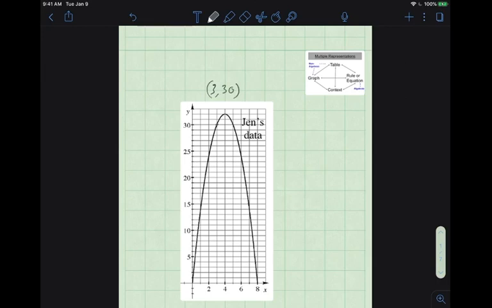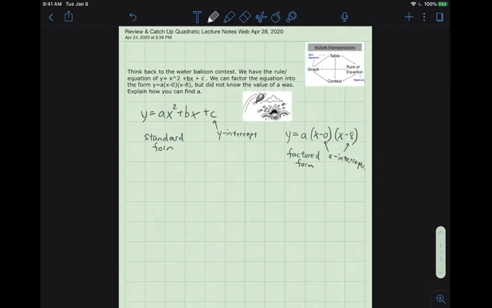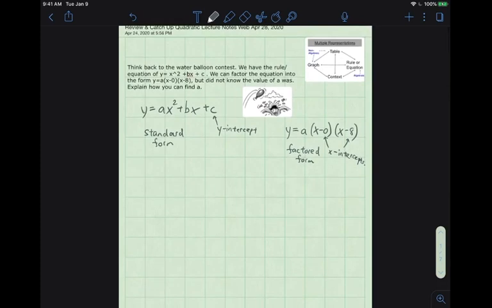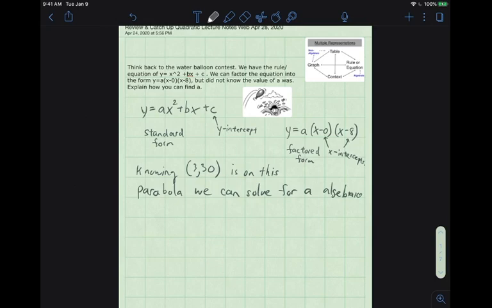Okay. So knowing 3, 30 is on this parabola, we can solve for a algebraically.